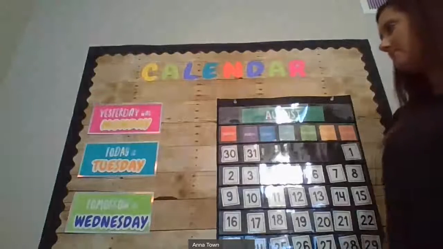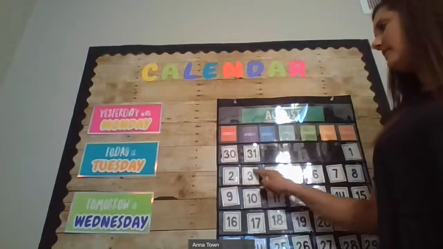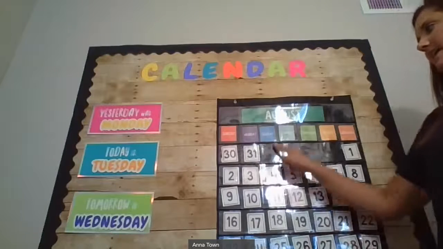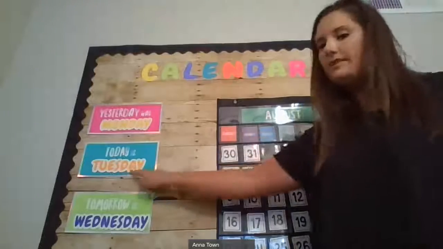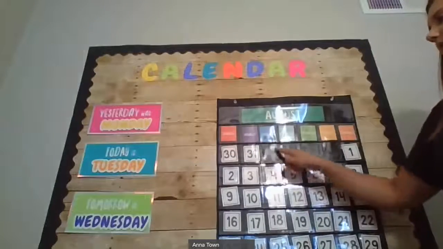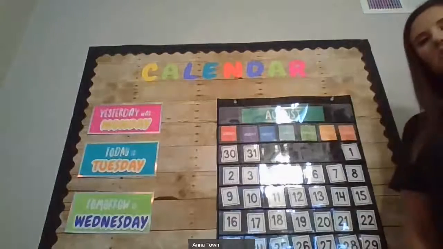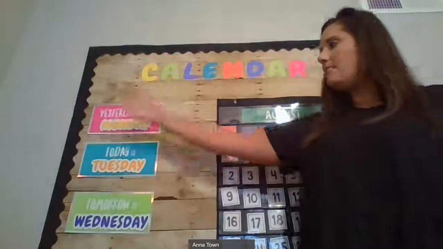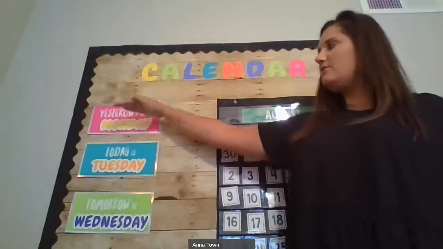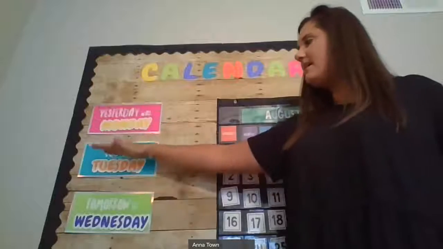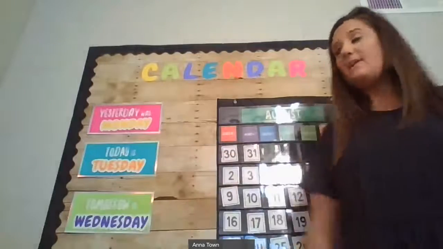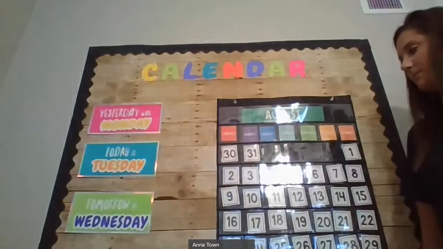You sit and spell it. Yesterday was Monday. Today is Tuesday, which means tomorrow will be Wednesday. And then each day you move them up. So Monday will get put away, Tuesday will come up here, Wednesday will come here, and then we'll see what the next day will appear on there.